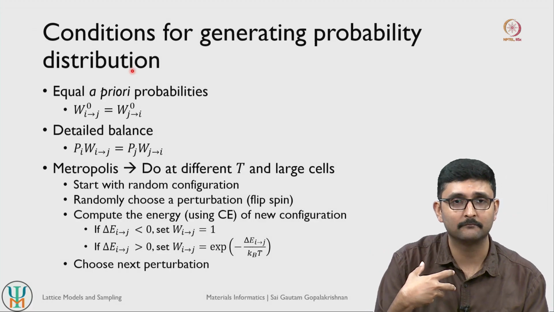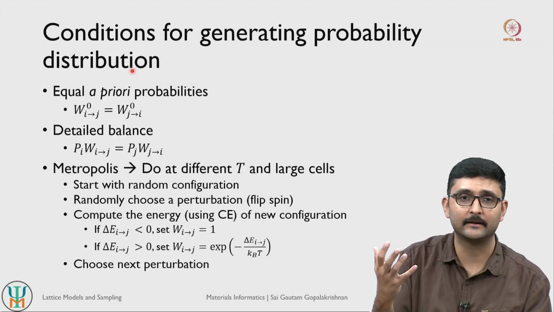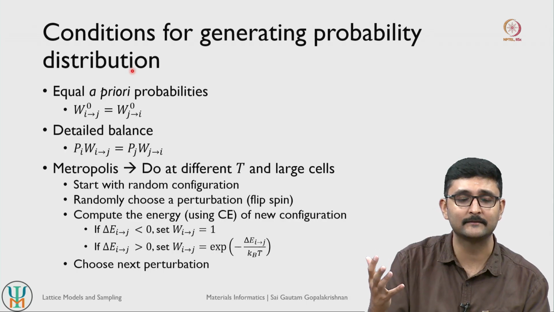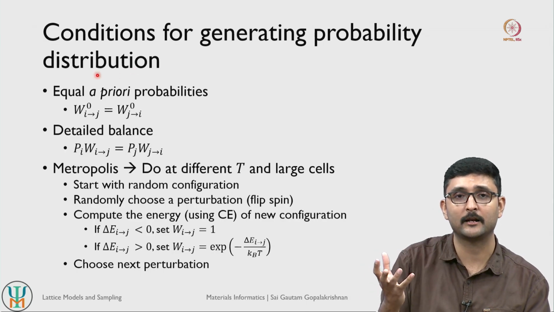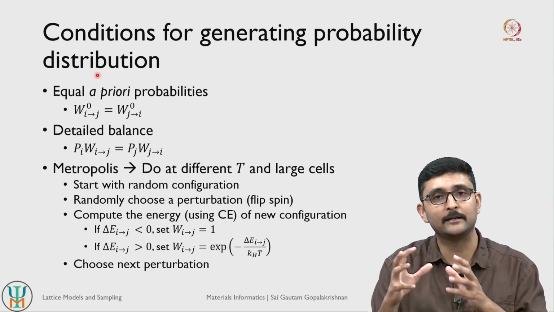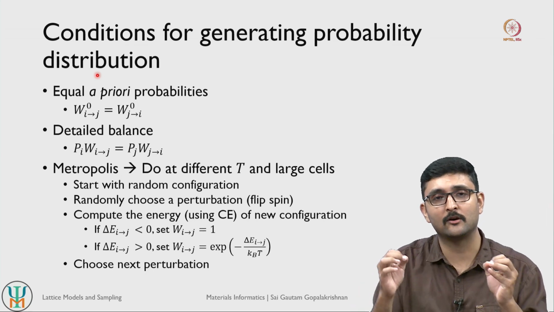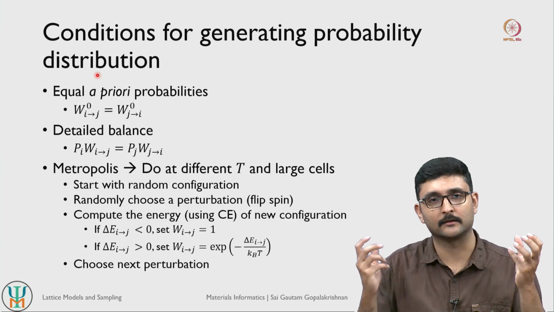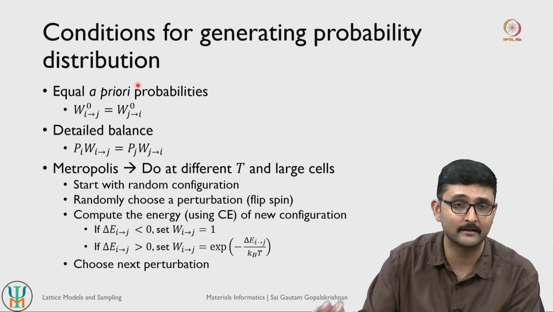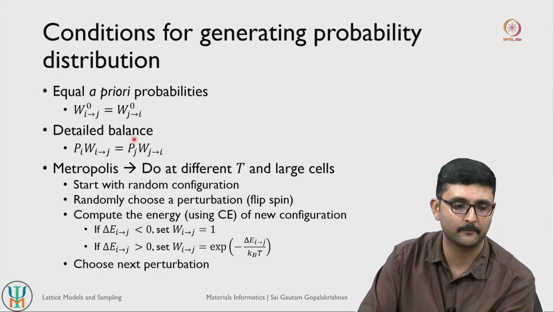So any displacement is equally probable in some sense, right. That is what is referred to as equal a priori probability. So you basically do not bias which particle you are choosing for the displacement in your algorithm, right. That is the result of equal a priori probabilities.